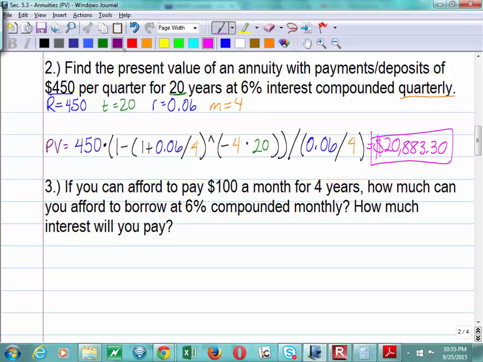So we've got R is 100, that's capital R, the payment amount. We've got T is 4. We've got the rate is 0.06 and it's compounded monthly, so M is 12.